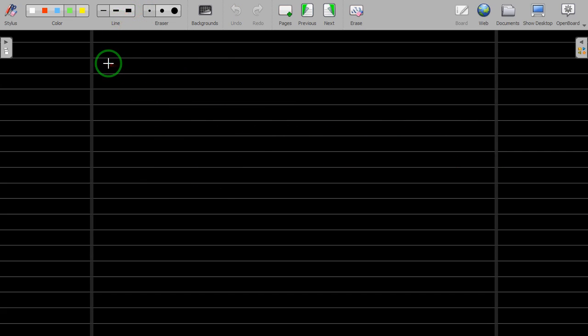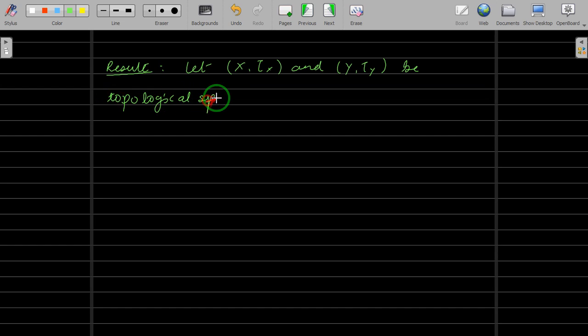So result: let (X, tau X) and (Y, tau Y) be two topological spaces, and let script B1 and script B2 be their respective bases.